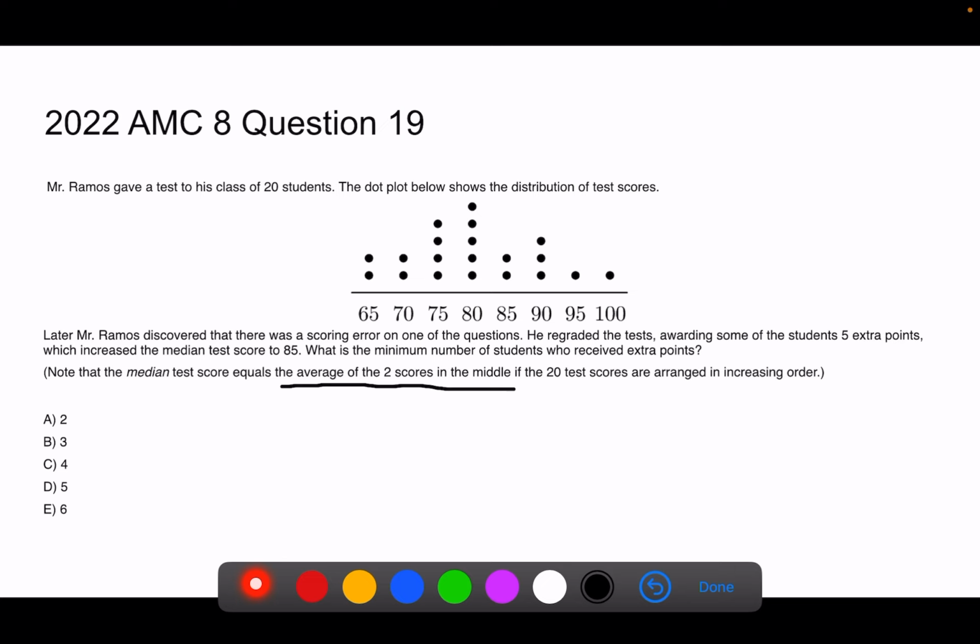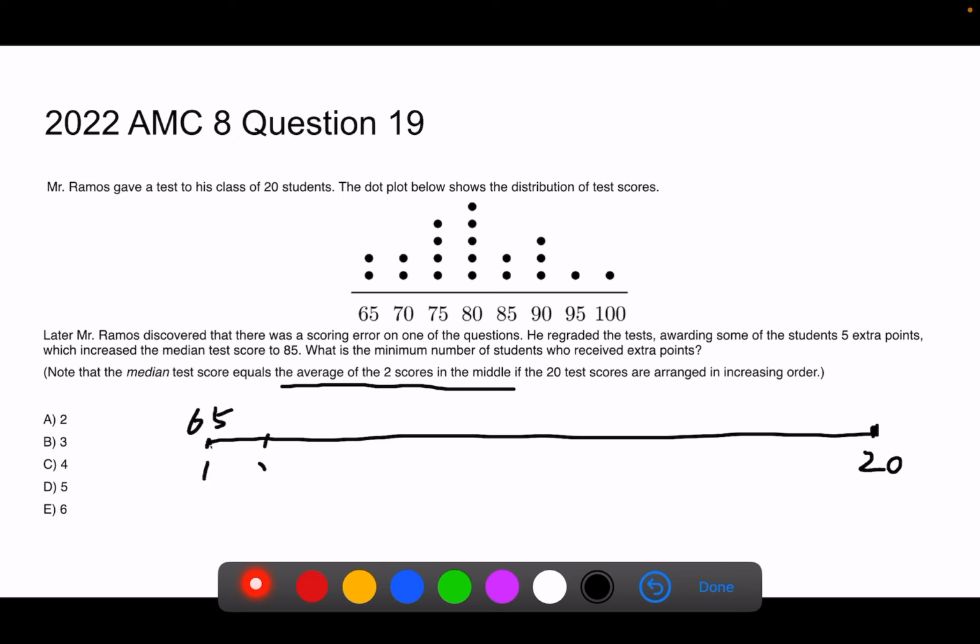So we have two scores at 75s, and for this, I'm going to draw a line. This is going to be 20, and this is 1. So you have 65, two of them. And then let's make it faster. That's two numbers, and then you have two numbers that are 70.